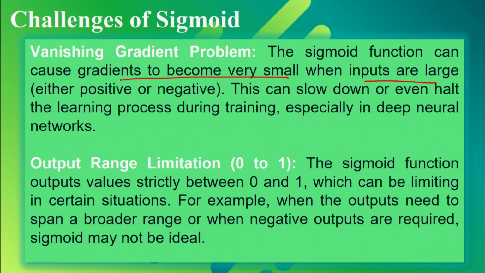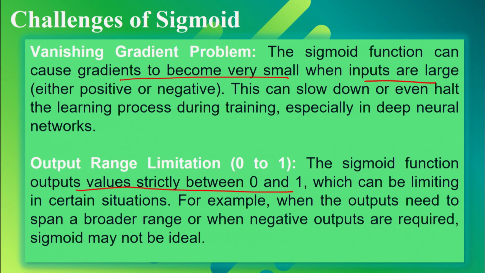Now, the other limitation is the out of range limitation, that is when the sigmoid function always gives output values strictly between zero and one, which might be a limiting factor in certain applications where you need a broader span of output values.